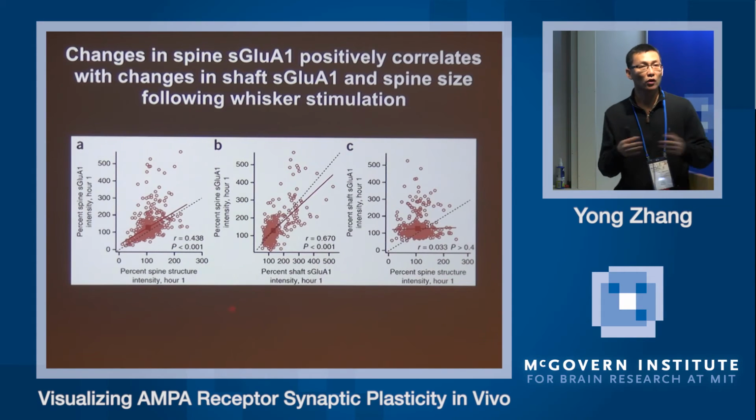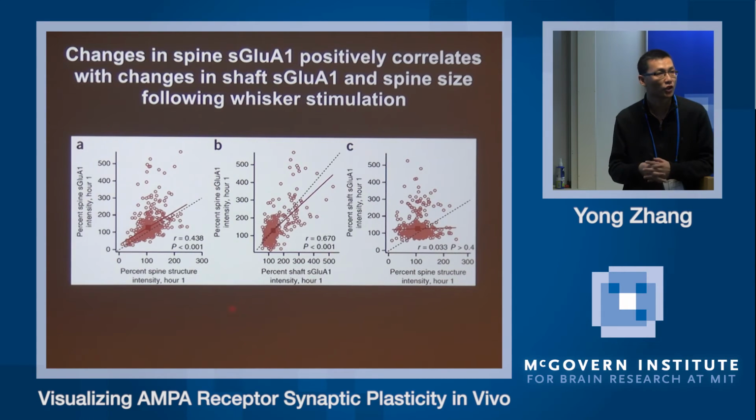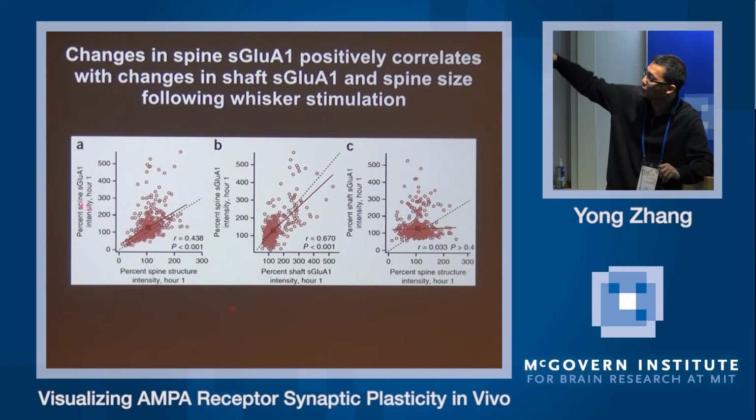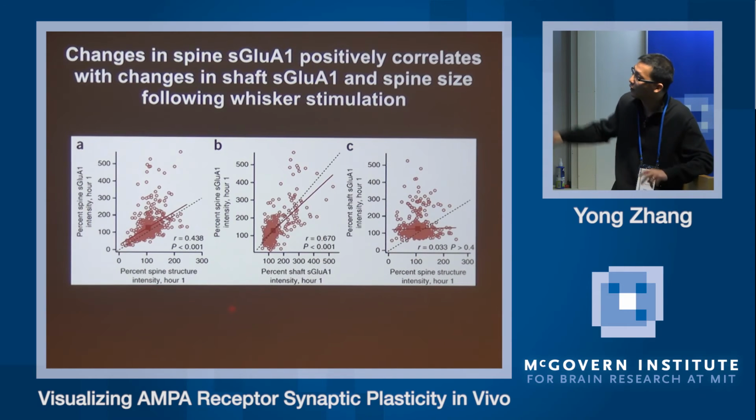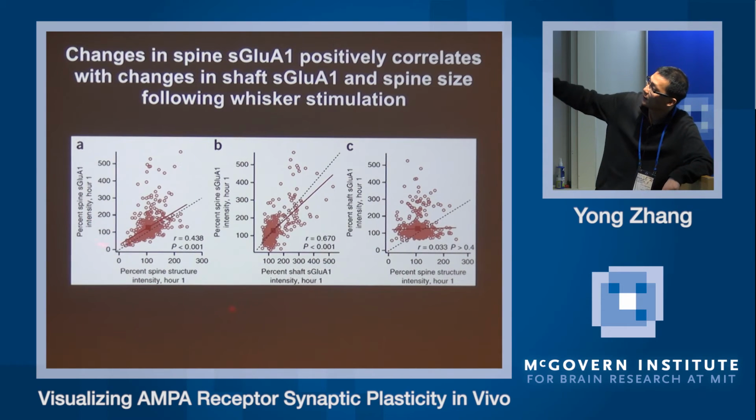And also, as I said, what are the relationships in terms of the changes of those three parameters? Here I'm showing you the correlation at the 1 hour point after whisker stimulation between the change of spine size and the change of surface AMPA receptors. Again, as compared to the baseline, there is a decent correlation between the changes of those two. However, if you look carefully, the average line is significantly above the y equals x line.